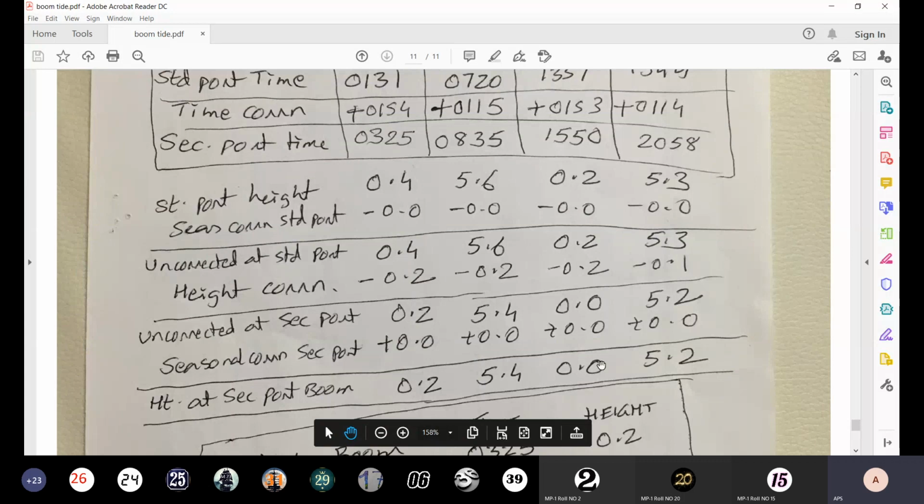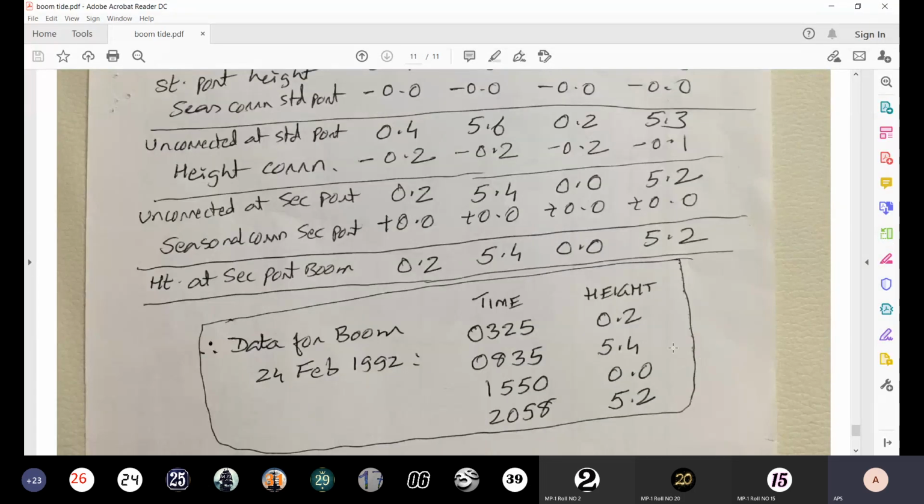We have already got the data of height at secondary port now. After that, write down data for Boom. This is what the question had asked, no? Write down the data for Boom, 24th February. So we have got the time, we have got the height.